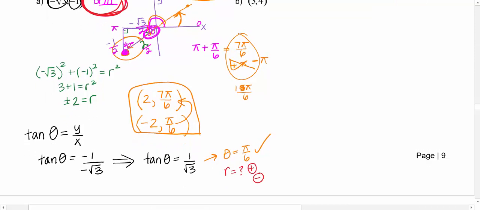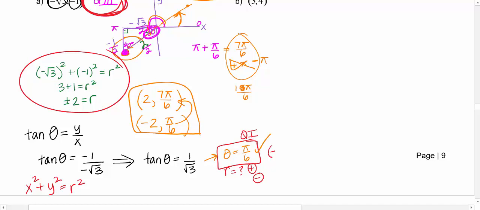But if you know that you're in quadrant 3, then for sure you know the quadrant 1 angle needs to be paired with the negative r. So I would say, okay, negative, and I find r by simply doing the Pythagorean theorem that we did before. And so I would say it's negative 2 comma pi over 6, etc.